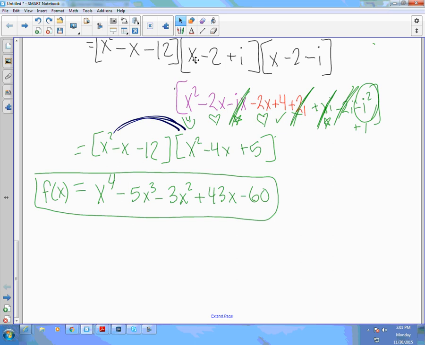So this worksheet has synthetic division. Probably, we've been on for a long time too, so you probably need to zip it and catch up.